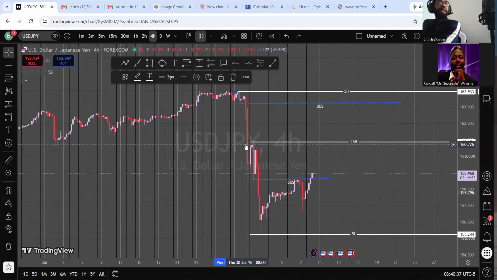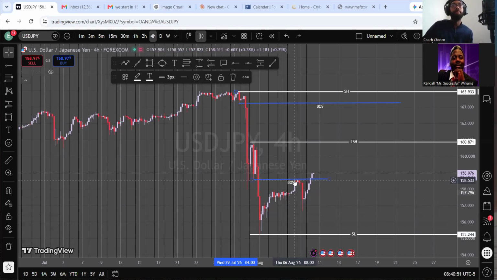We got this internal swing high. We got this break of structure. And what do we state after we get a break of structure? We have to see a what? Retest. You see what I'm saying? So here's the break. Boom. The retest. And then what happened? Pulled back down.